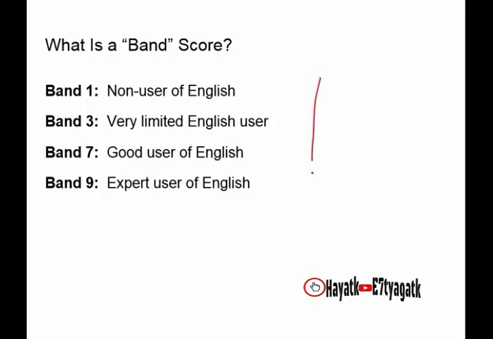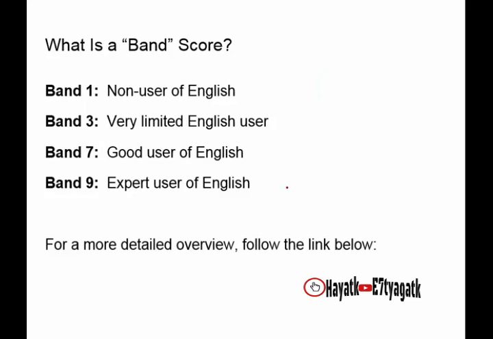At each step along the way from 1 to 9 is a different level of English, and each level has its own set of characteristics or defining qualities that make a person that level or the next level. If you want to see a more detailed description of each band level in general for your overall scores, go to the link directly below and you can see a description from IELTS.